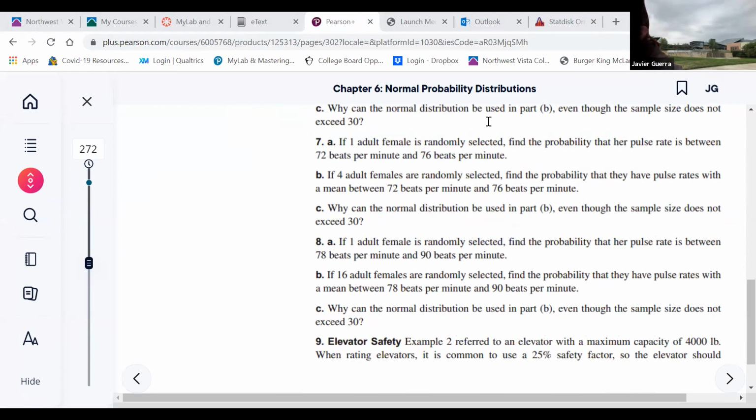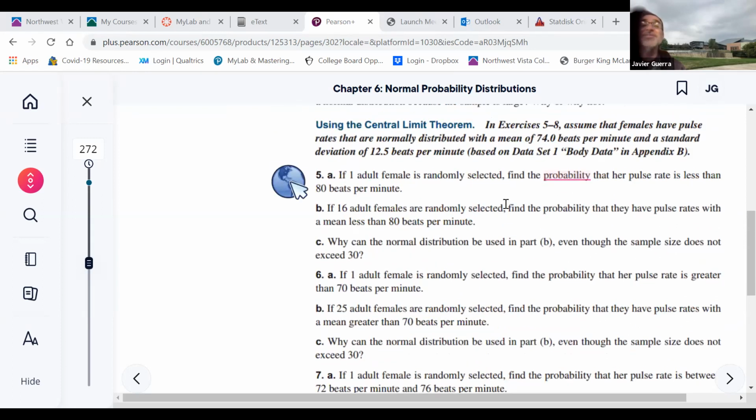All right, here we go. 7. So 7 uses the same thing that we did before. Our mean is 74.0. Our standard deviation is 12.5.